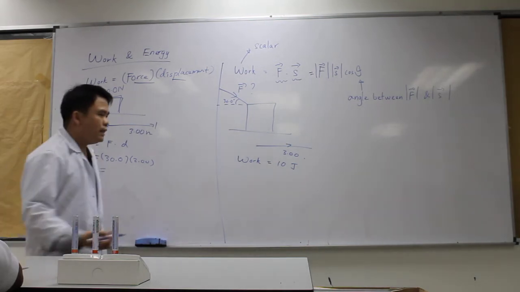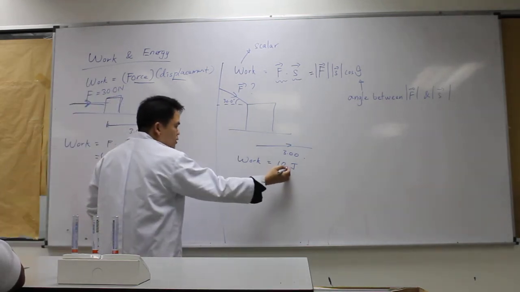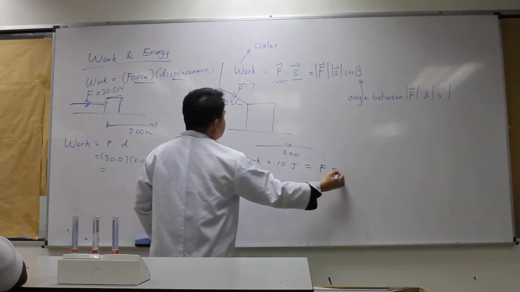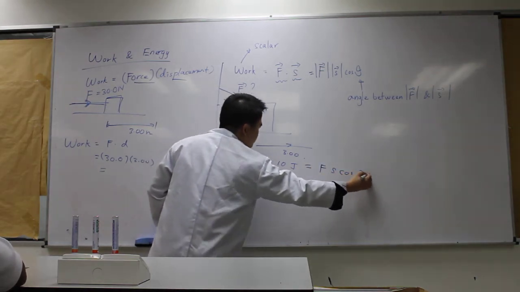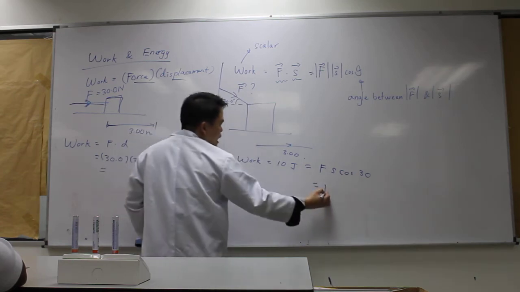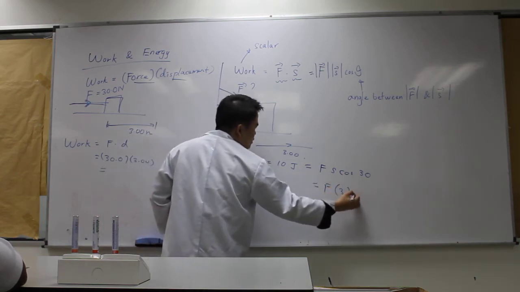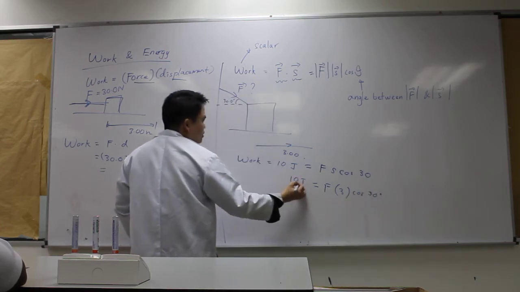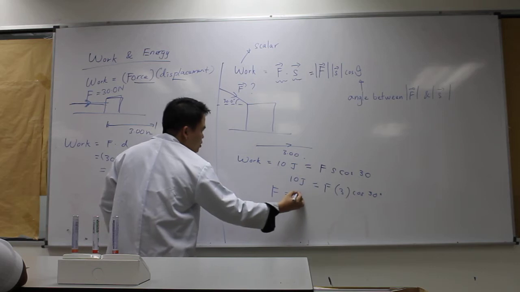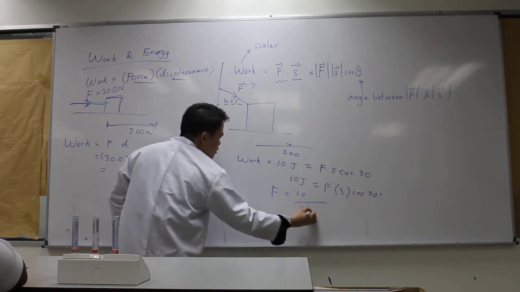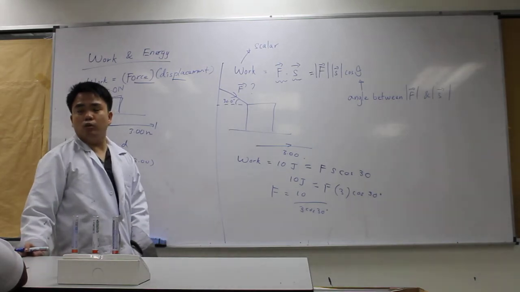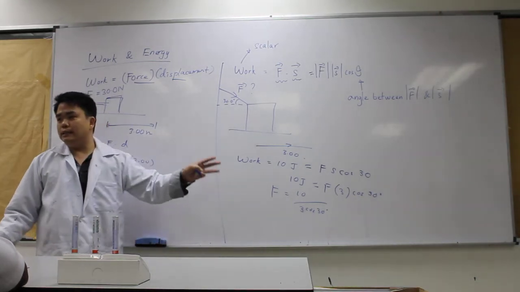Work equals 10 joule, which is also F S cos 30, so F times 3 times cos 30 equals 10 joule. Then F is 10 divided by 3 cos 30. This is an example to get a force, but it is just a beginning.